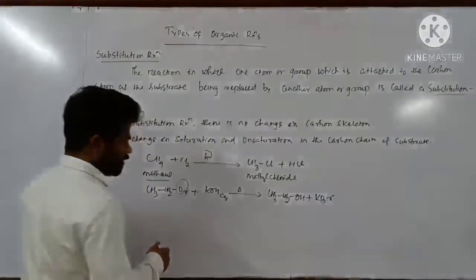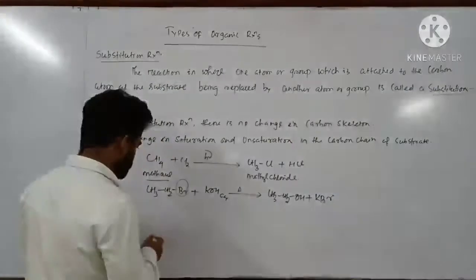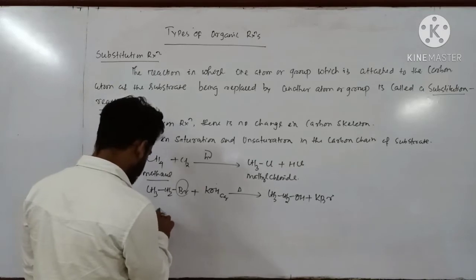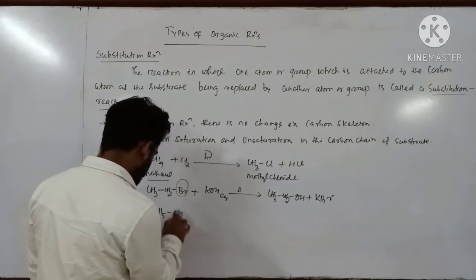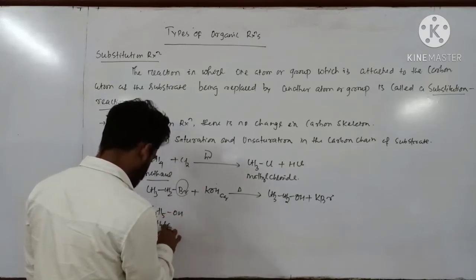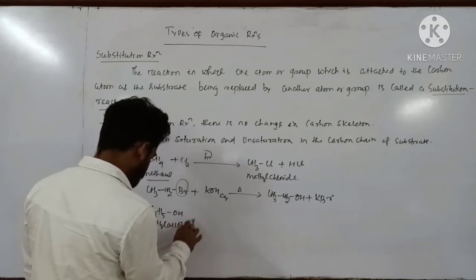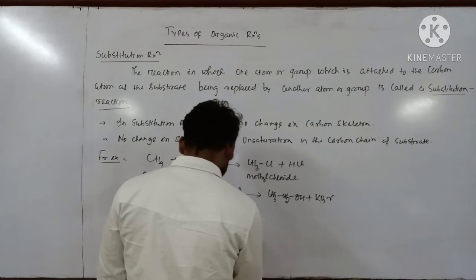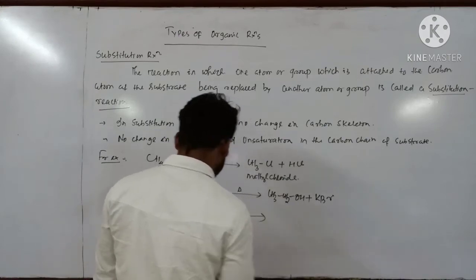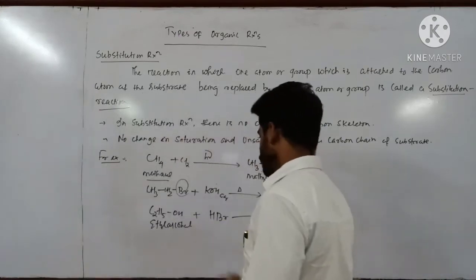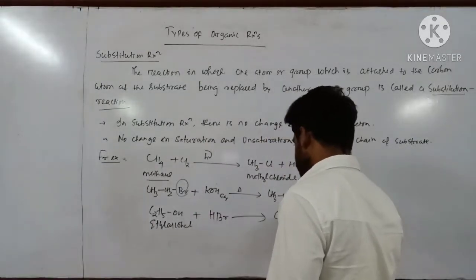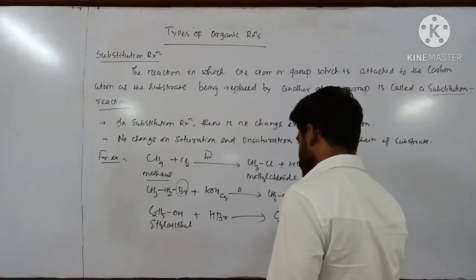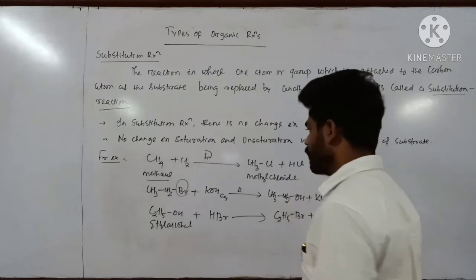Similarly, there is a substitution reaction like this. Let's say ethyl alcohol treated with HBr. Then the OH group of alcohol is being replaced by a halogen atom, plus water.